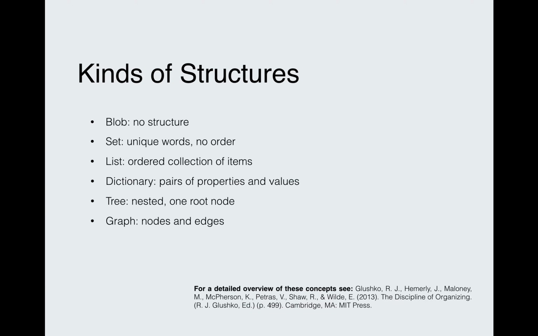And finally, a graph is a set of nodes connected by edges that may or may not have a direction. The parent-child relationship is not inherently imposed in graph models. So a tree is a type of graph that's constrained by the fact that it has to have a single root node, and that each parent may have multiple children.